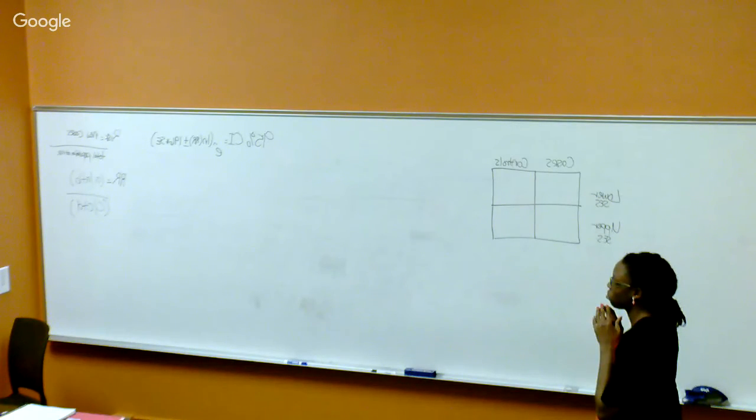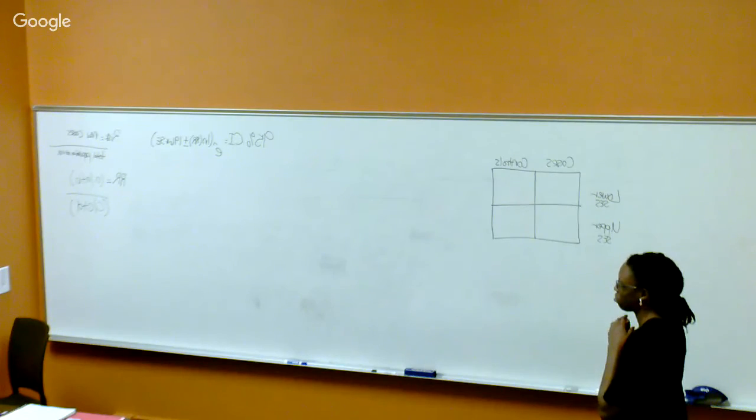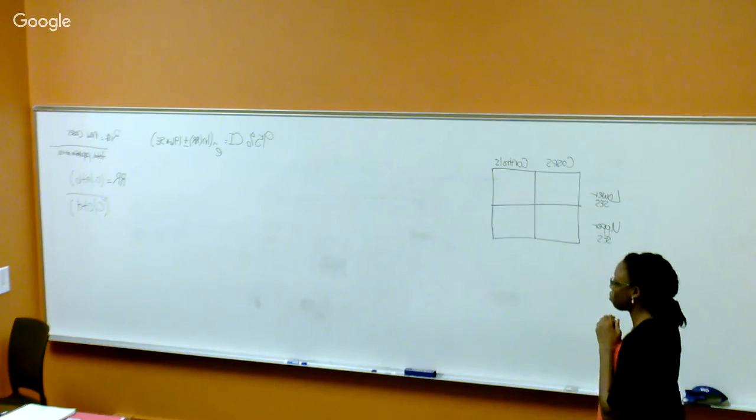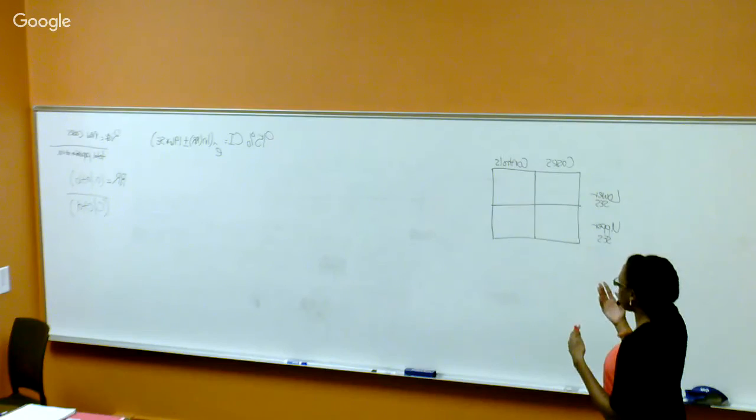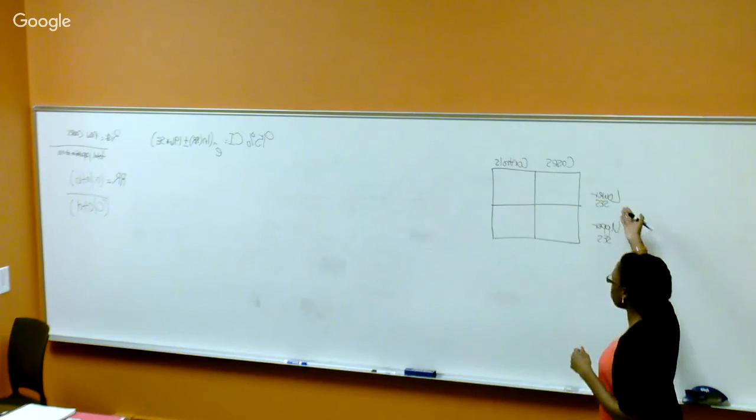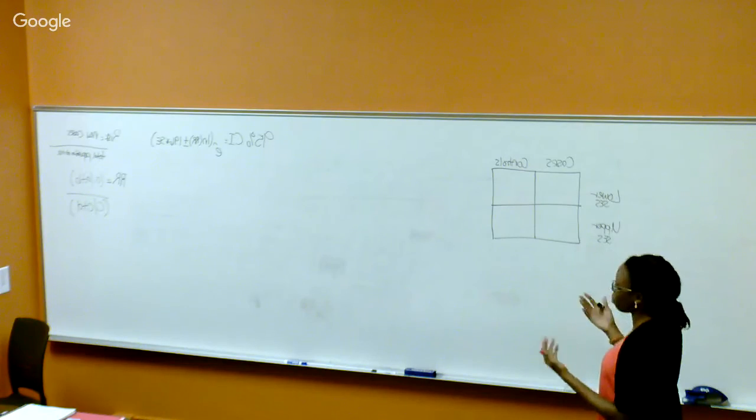Can I make any assumptions here, that in that column the top number is always going to be larger than the bottom number? Normally, yes, that would be how it would work if you already know that lower SES is going to increase your risk.